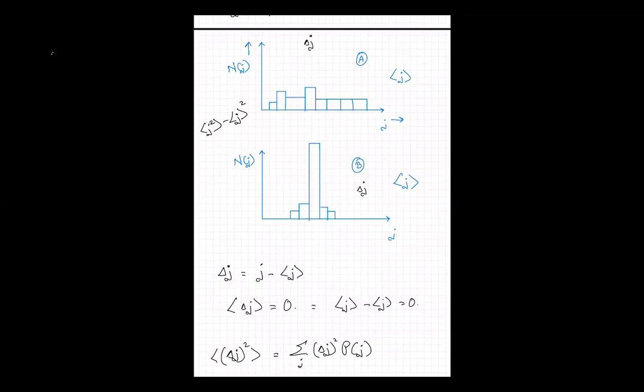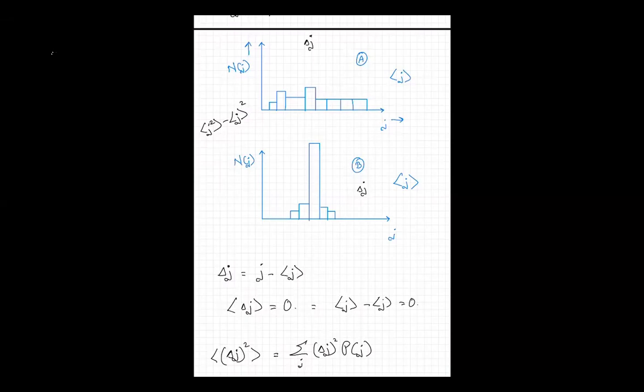For case B, since most of the ages are the same, the average value of the square of the ages would be equal to the square of the average age. Because all the ages are approximately the same, the average of j square will be the square of the average of j.